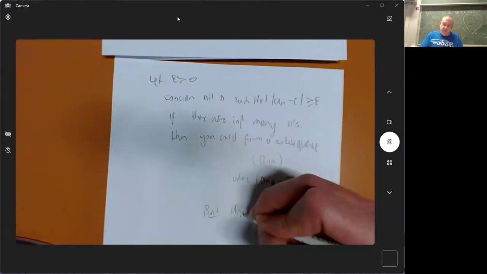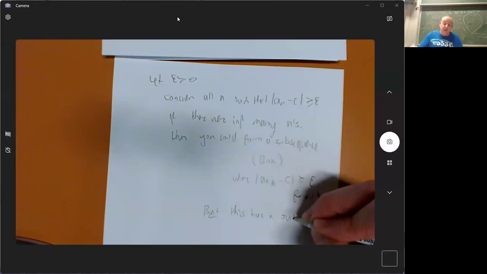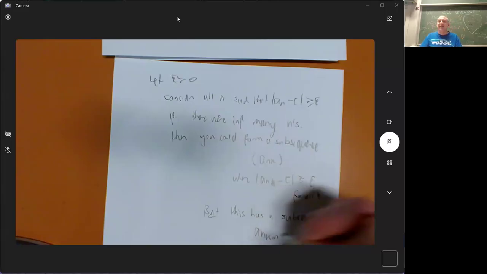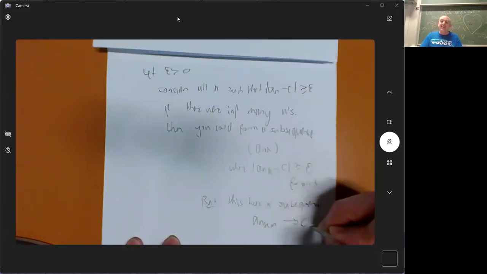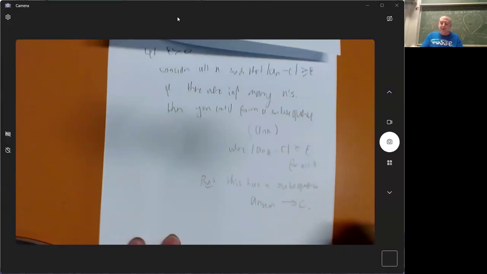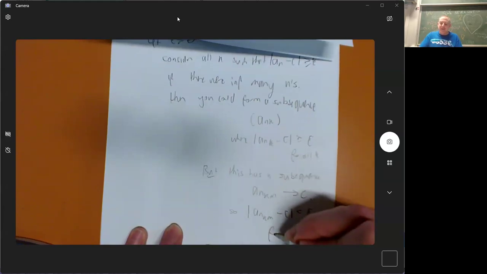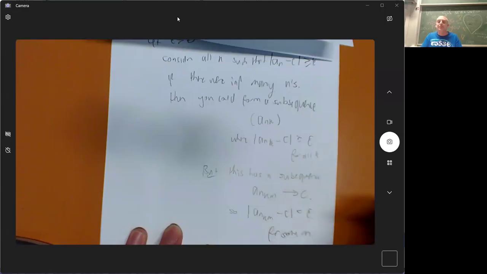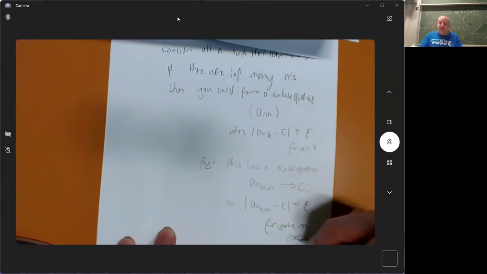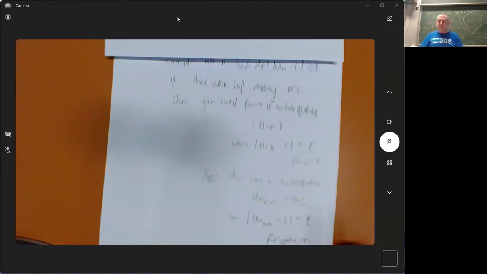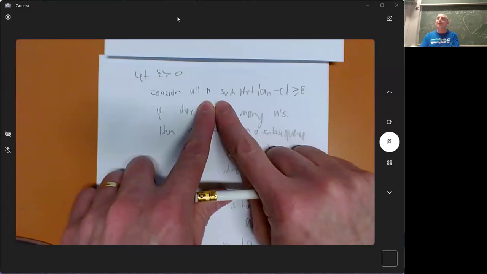But this has a subsequence of its own, a_{n_{k_m}}, that converges to C. So there must be an a_{n_{k_m}} with |a_{n_{k_m}} - C| less than epsilon for some m, because it converges to C. Which is a contradiction because this sequence was made out of entirely things that were further than epsilon away from C. And what that is a contradiction to is that there were infinitely many of these n's.